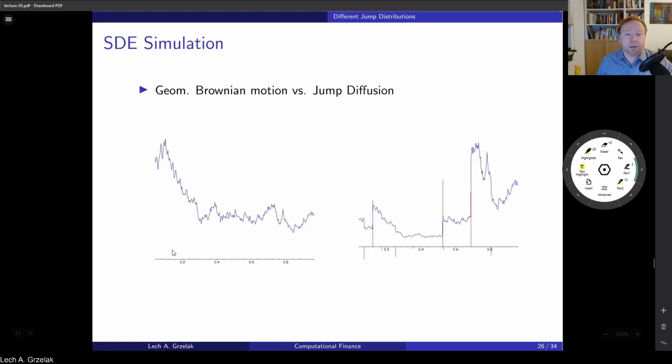Here's another example, just two graphs. One graph represents just a Brownian motion, a diffusive model, and here we have diffusion with jumps. As you can see, the red line indicates the size, the magnitude of jumps.